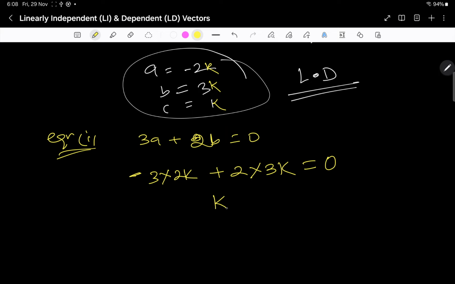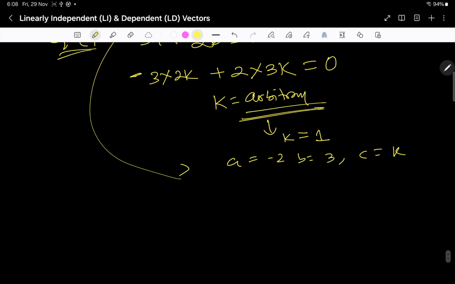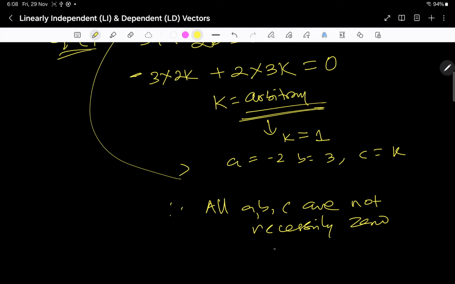So k is arbitrary here. If I choose k equal to 1, then I am getting a equal to minus 2, b equal to 3 and c equal to k. That means a, b, c are not necessarily 0, so therefore the system is linearly dependent.